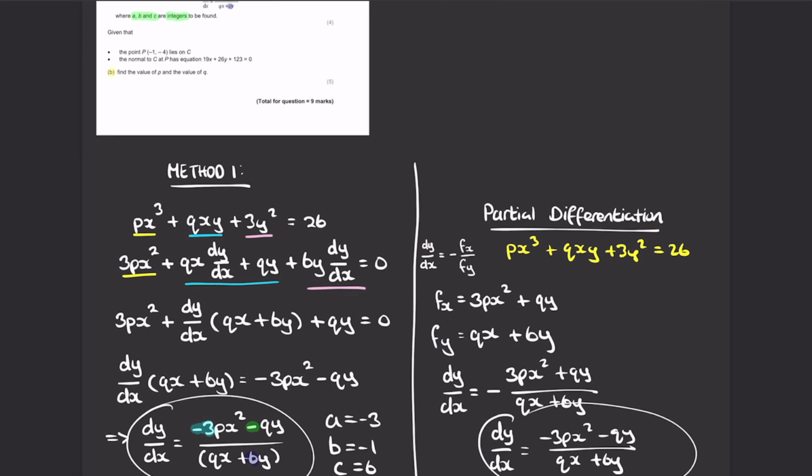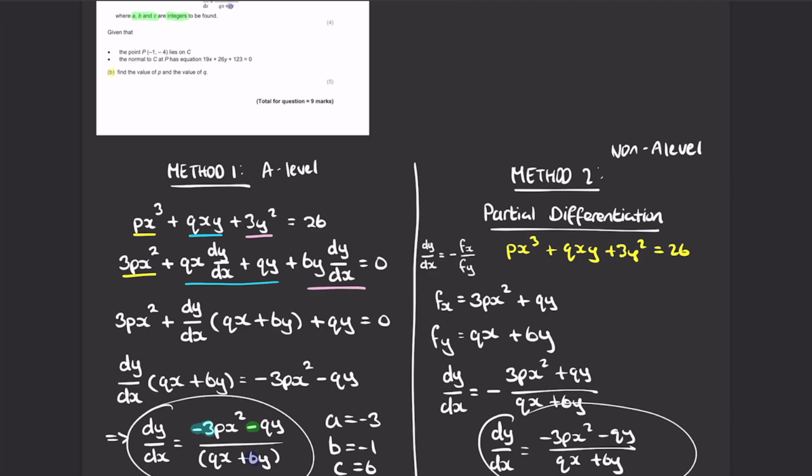So I'll just put method 2 over here. Okay, so we have our method 1, which is the A level, and then I'll put non-A level, right? So those are your two ways. You can do it either way, both ways work. I just personally find that method 2 works better for me.